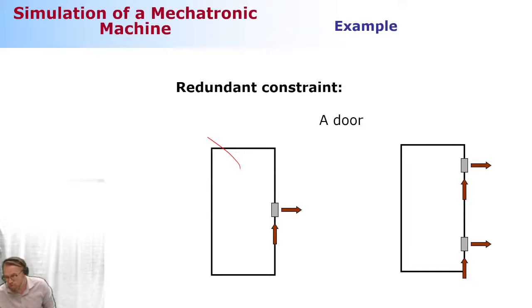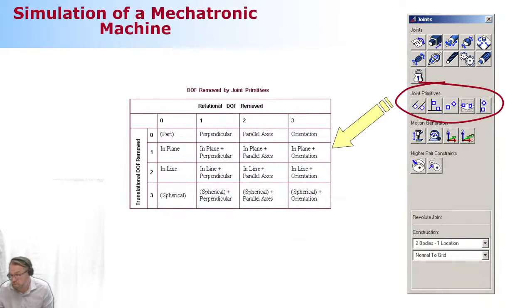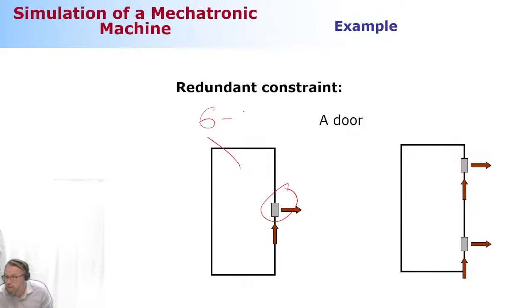How many generalized coordinates are needed? 6. And then I have a revolute joint in the middle. From this table, we learned that a revolute joint needs 5 constraint equations. So that's going to be 6 minus 5, 1 degree of freedom.